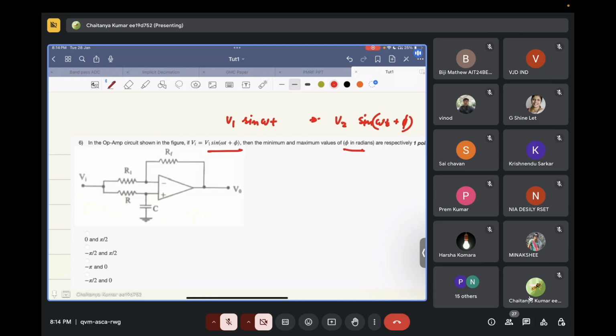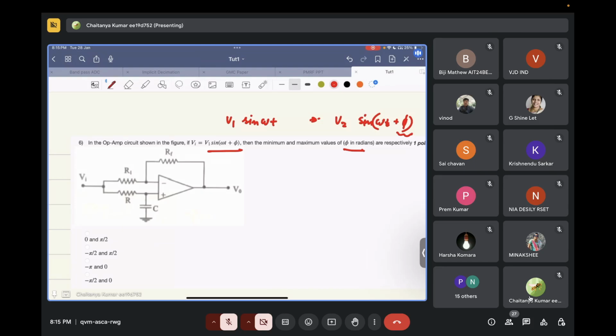Now, depending on what your omega is, your phi will change, correct? So we need to find out what is the maximum and minimum value of the phase difference between the input and output. Is this clear? You guys are familiar with reactive impedance, I suppose.